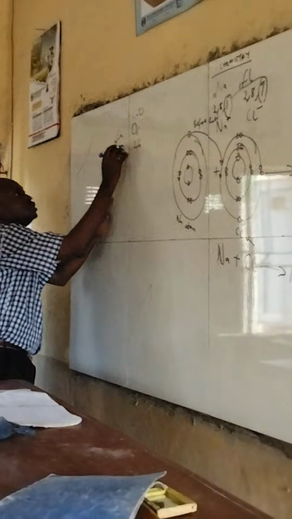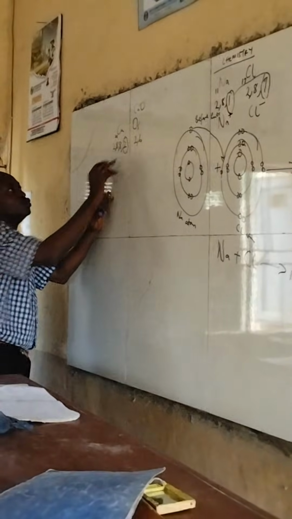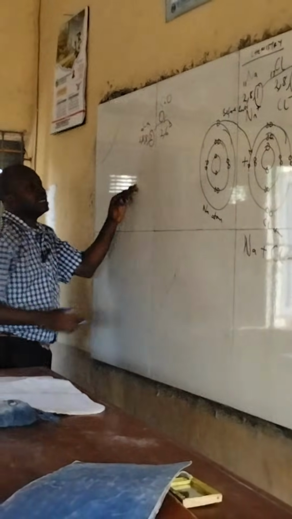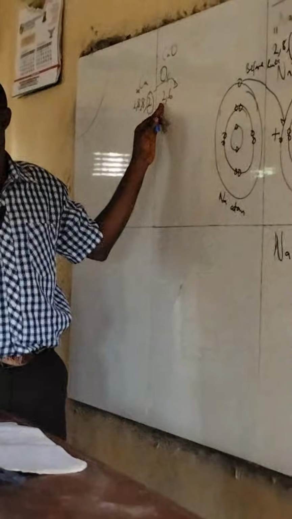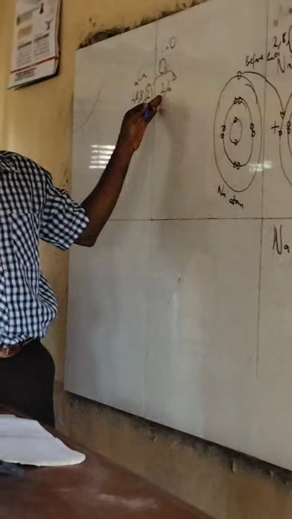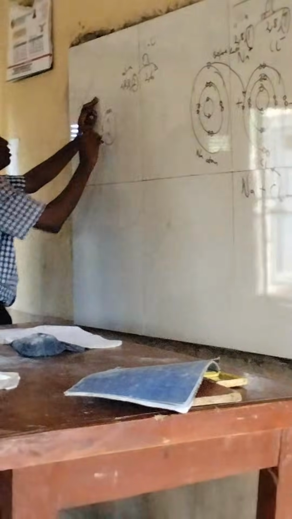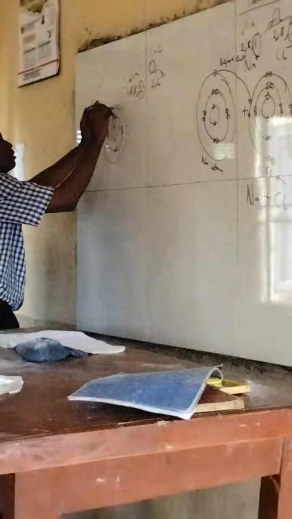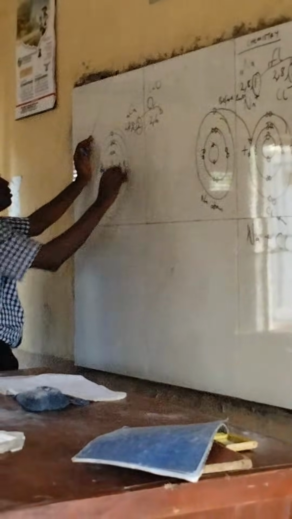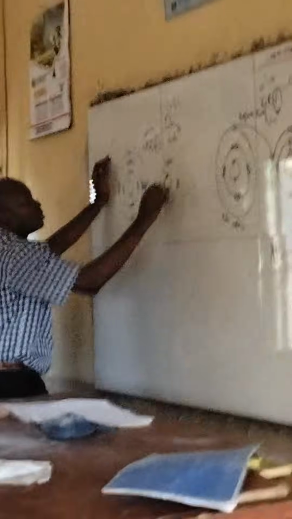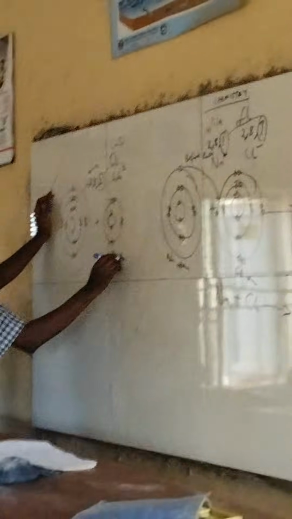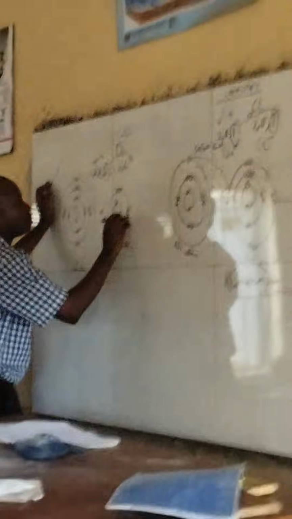Calcium prefers to lose the 2 electrons in its valency shell to oxygen, so that they can obtain their stable octet configuration. This is the electronic dot diagram for the calcium atom and the oxygen atom.